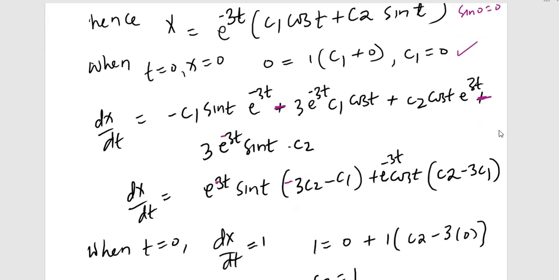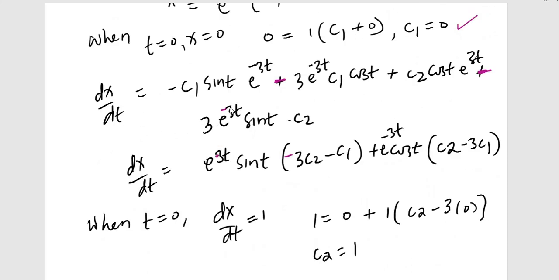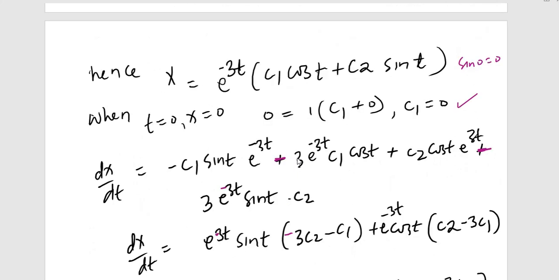So let us differentiate to get dx/dt. Differentiating gives us the product rule, so that d/dx of uv will equal u dv/dx plus v du/dx.